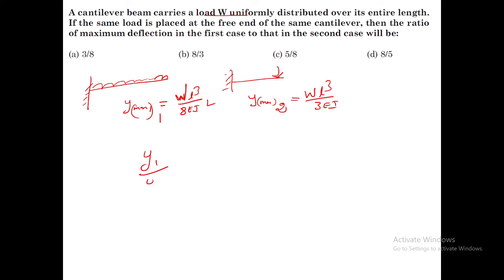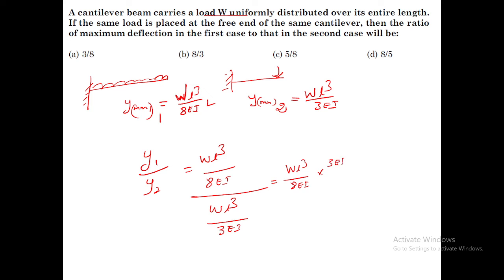So y1 divided by y2 is W L cubed by 8 EI into 3 EI divided by W L cube. L cube and EI cancel, so y1 by y2 equals 3 by 8. The answer is the first option, 3 by 8.